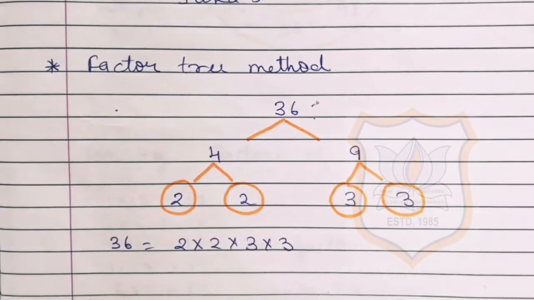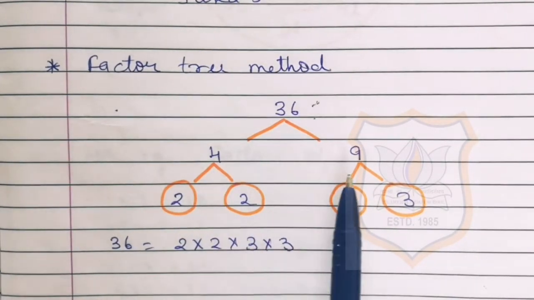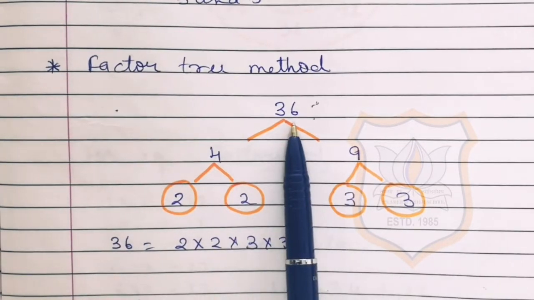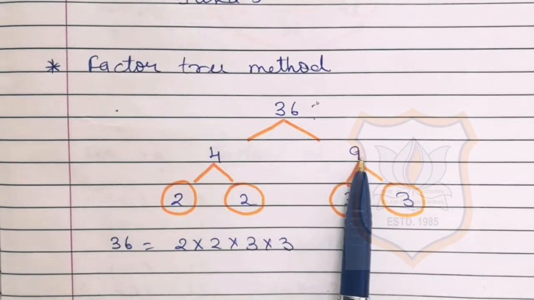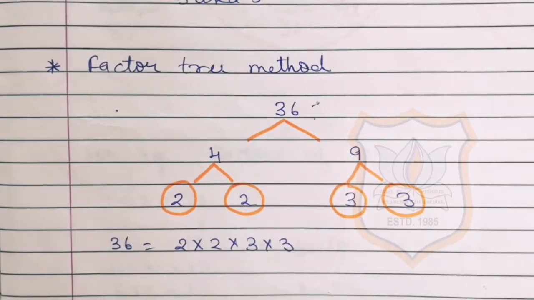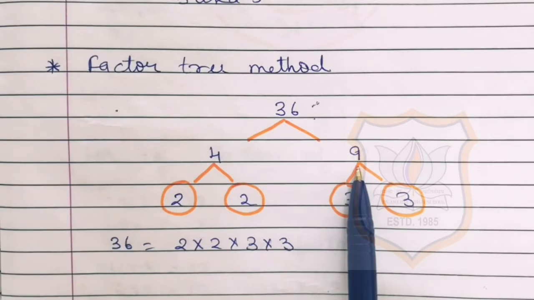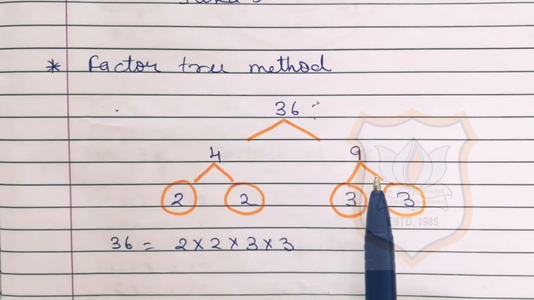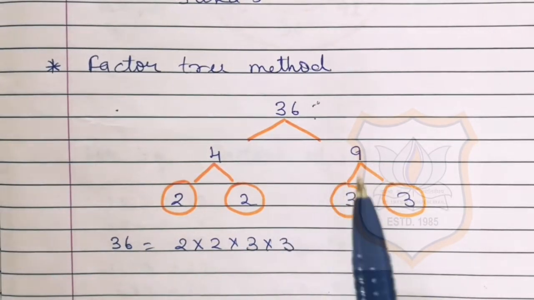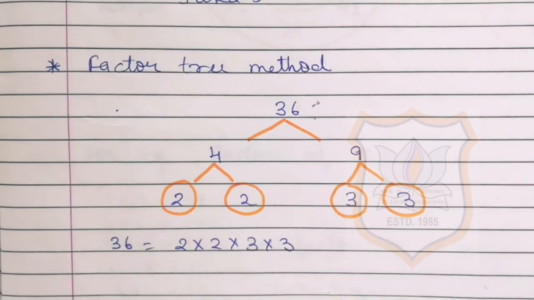Now we write down the pairs of factors as the branches of a tree. Now we will write 4 and 9, as 4 nines are 36. We consider this pair of factors as the branch of a tree. Again we have to factorize these composite numbers and write down the factor pairs as branches. Now again we have to repeat the process.